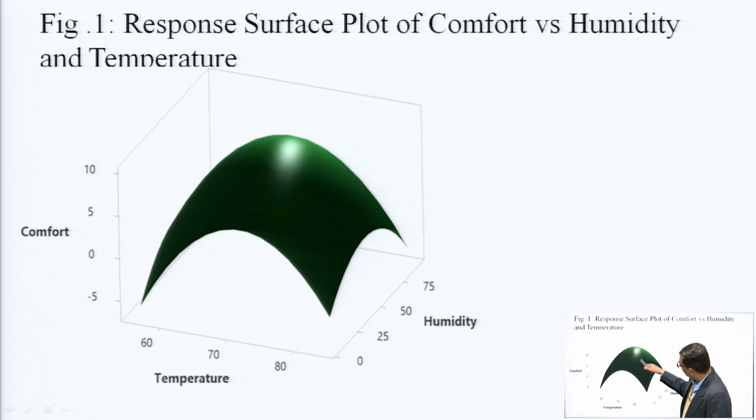If we draw a line from this, this is the maximum comfort, and for the humidity we see here the maximum comfort is near 50. So, this is the response surface plot for comfort versus humidity and temperature.